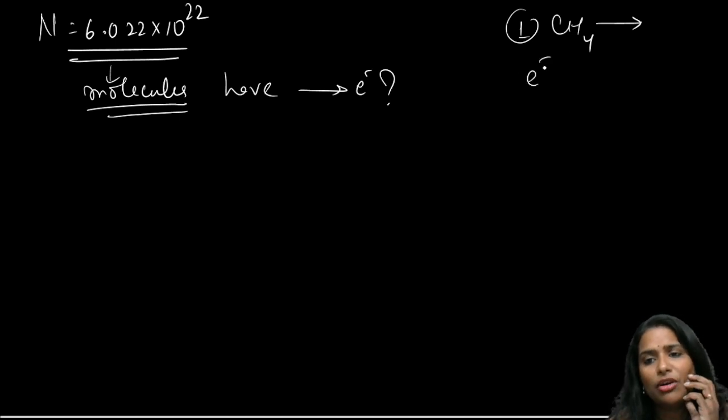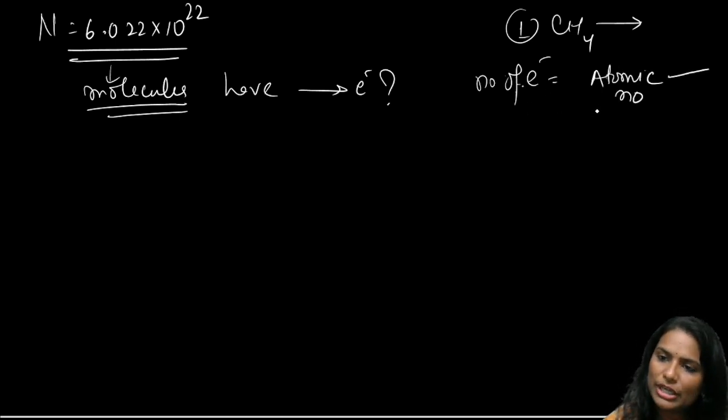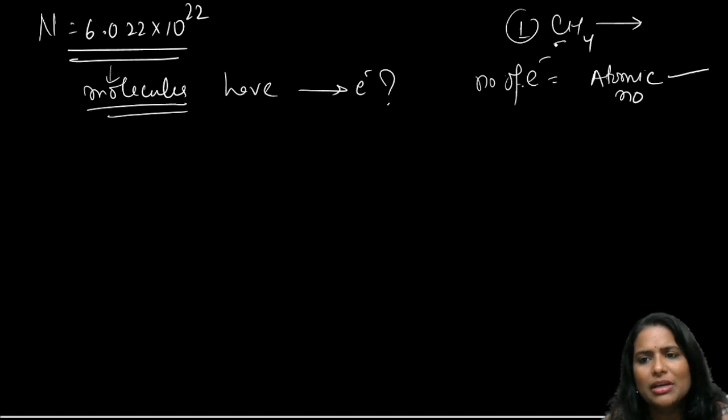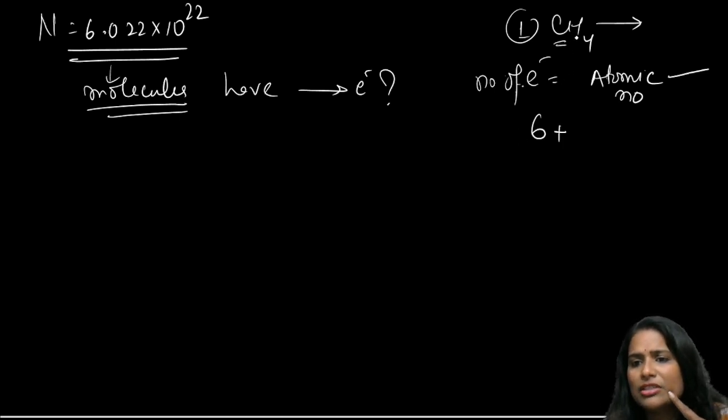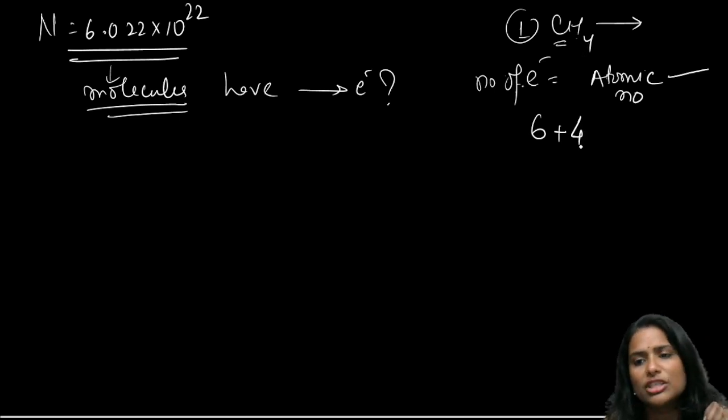We know that the number of electrons is equal to the atomic number, or it is also equal to the number of protons. So for carbon, the number of electrons is 6, plus 1 electron is present in hydrogen, but there are 4 hydrogen atoms, so 6 plus 4 becomes 10 electrons.